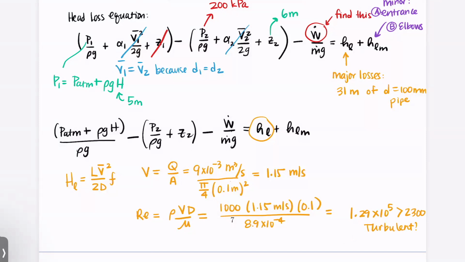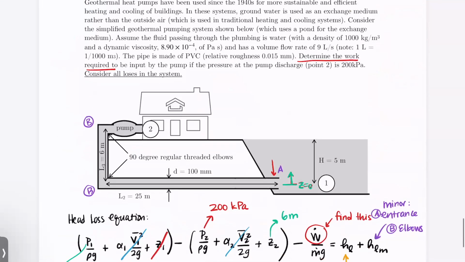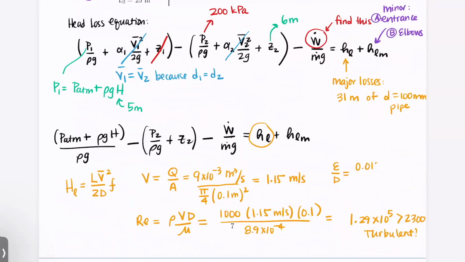All right, we also need our relative roughness. So epsilon over D. I gave you epsilon in the problem statement, so it's 0.015 millimeters. And then diameter in millimeters is 100, which means epsilon over D is 1.5 times 10 to the minus 4.